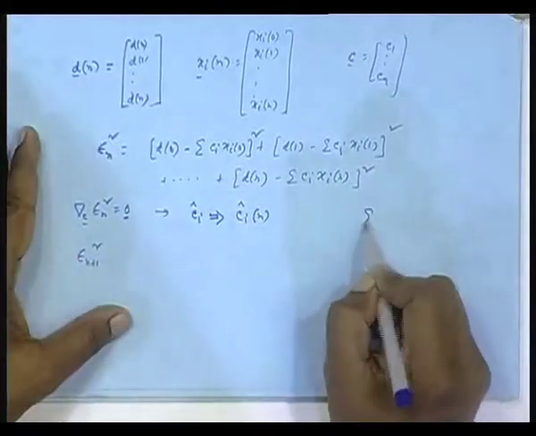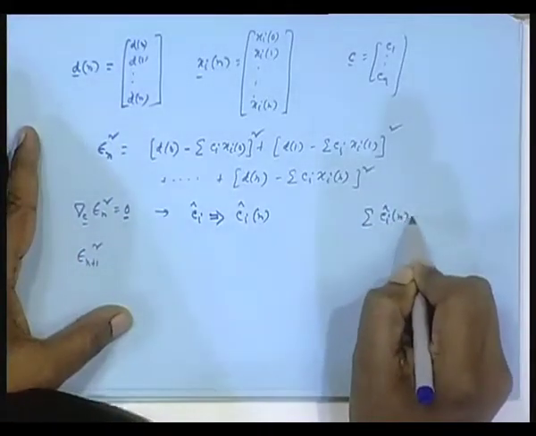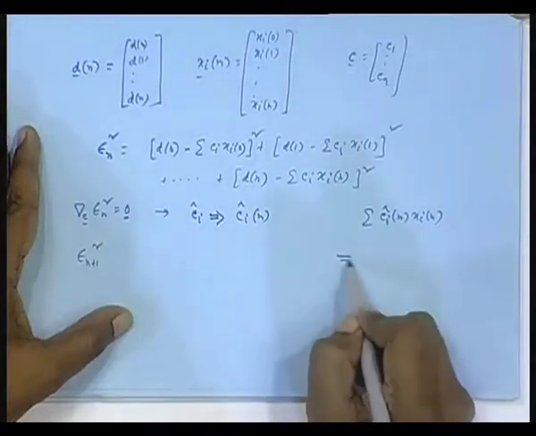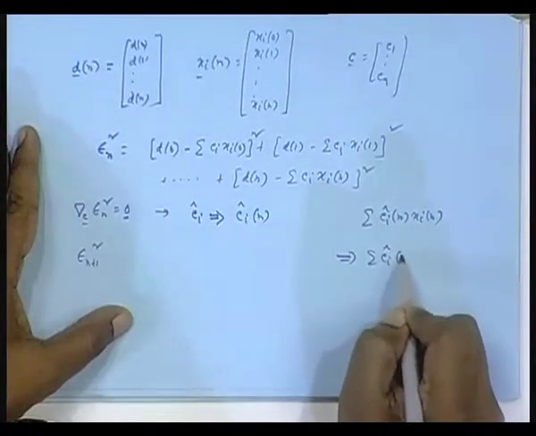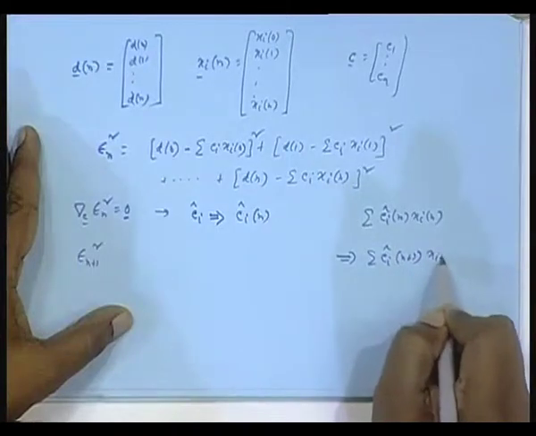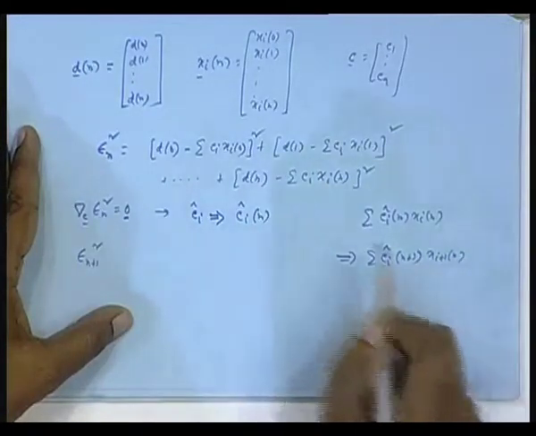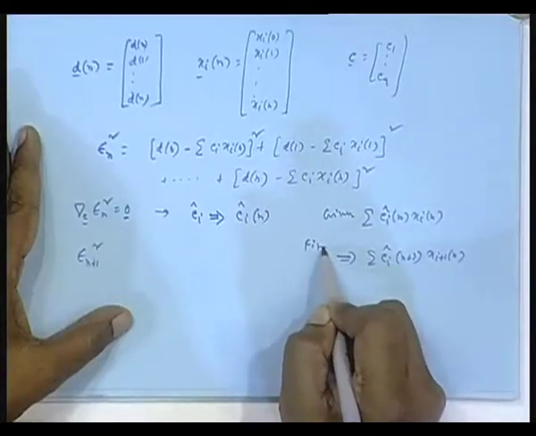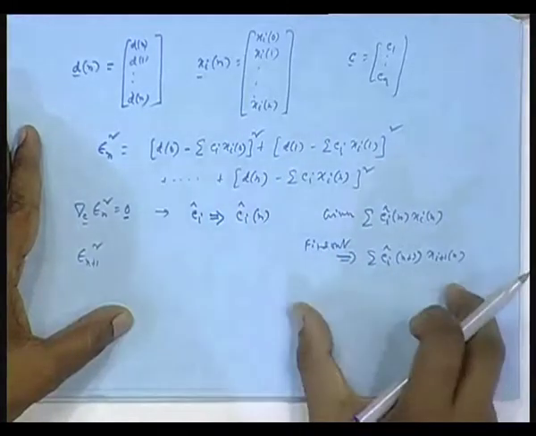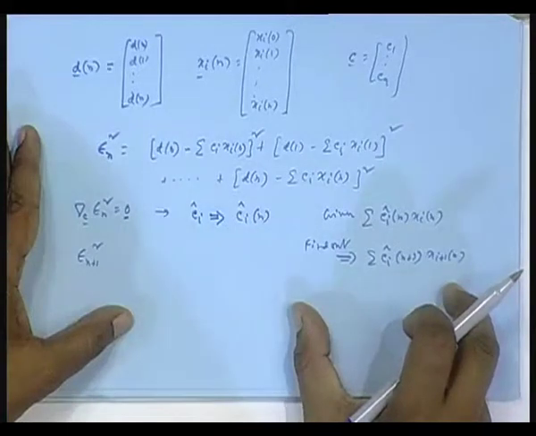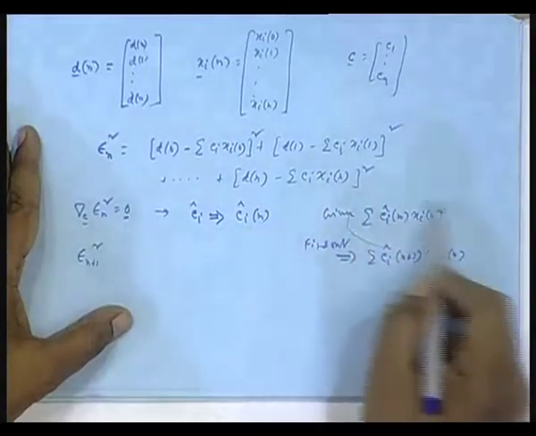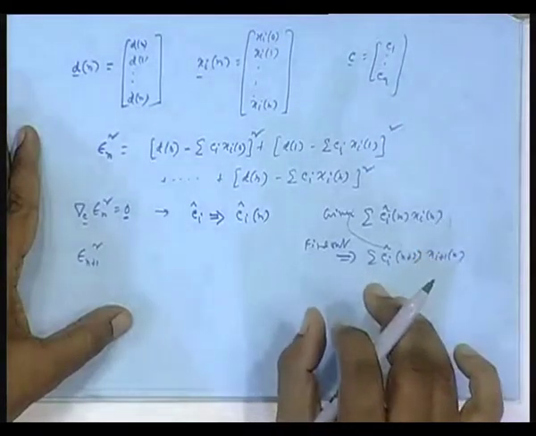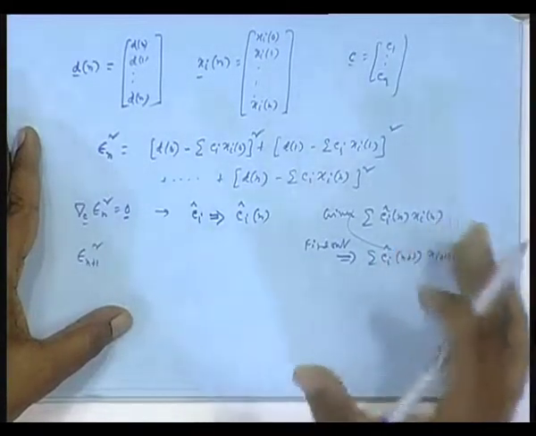Suppose this I know, because C I cap n I know, find out this quantity. This also I may be interested in. Then instead of the coefficients, I may be more bothered about this. You can say the filter output or combiner output.